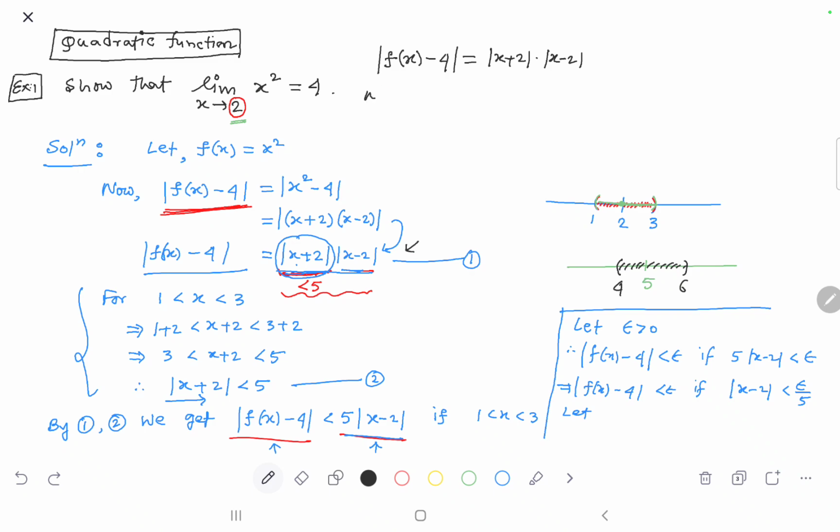Now what we know is that the absolute value of x plus 2 is less than 5 if 1 is less than x less than 3. This means this term is less than 5 if x is in between 1 and 3. So the total product will be less than 5 into x minus 2, right?